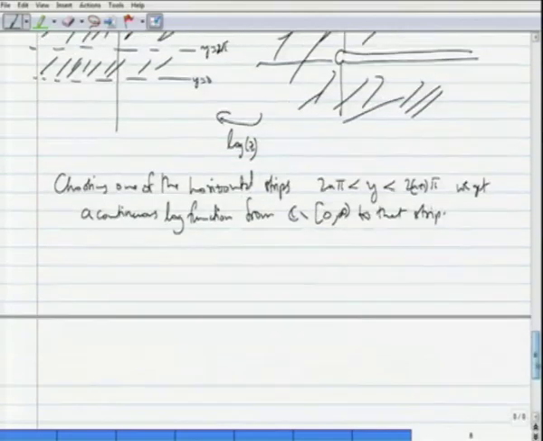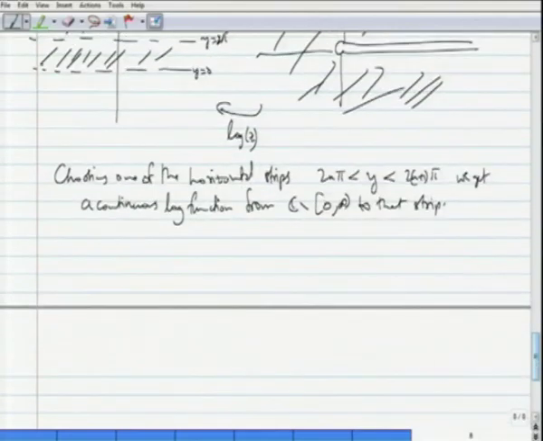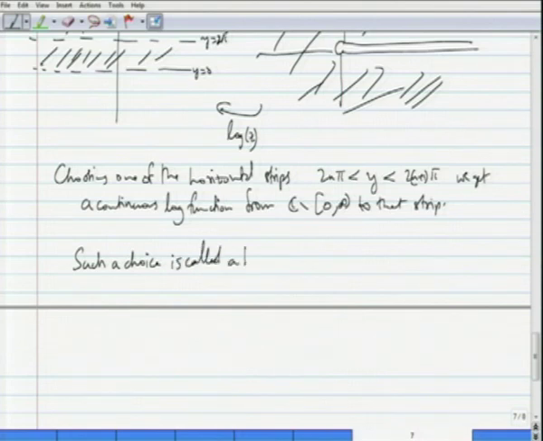Such a choice is called a branch of a logarithm.